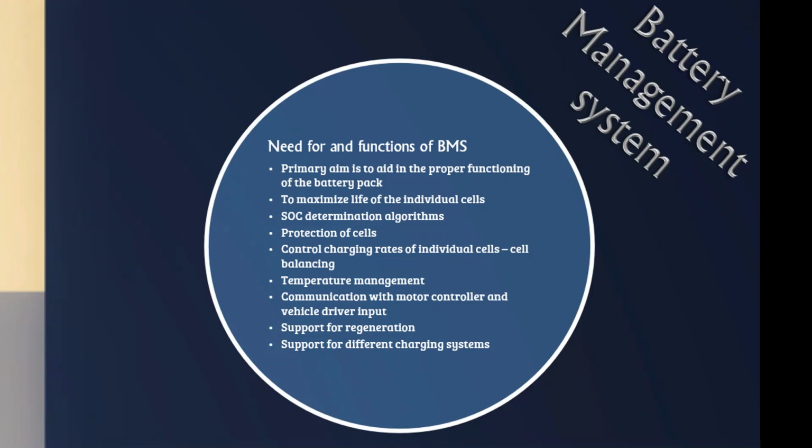There are a lot of pointers under this, that is to maximize the life of the individual cell, because we know that all cells are not equal. Even right after manufacturing, all the parameters are not exactly the same, and it's impossible to have them be the same.